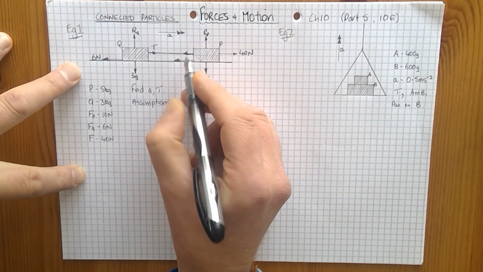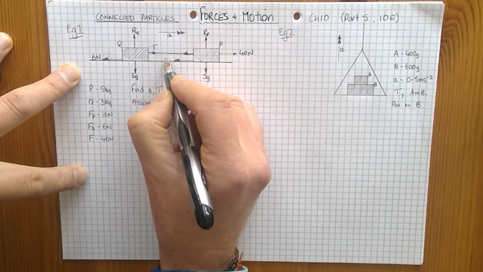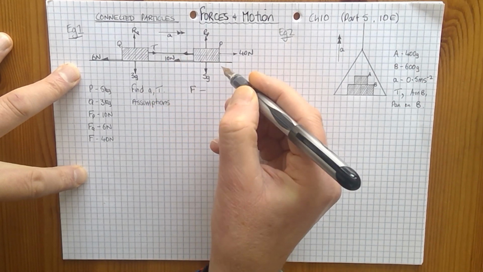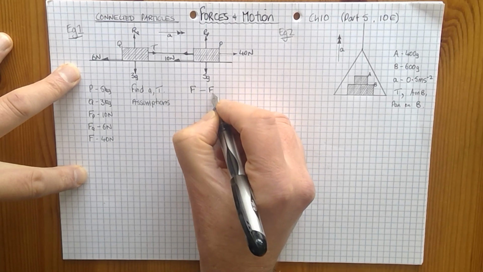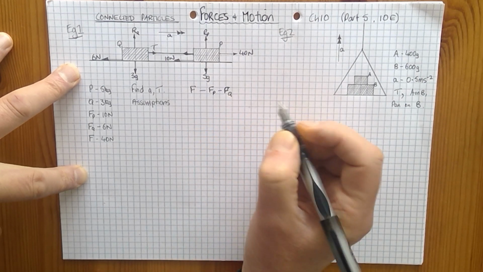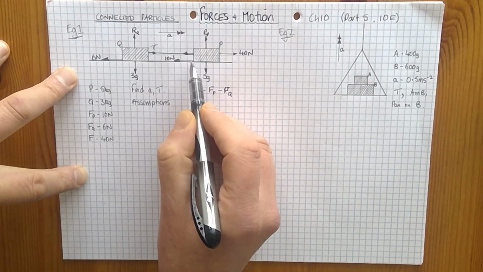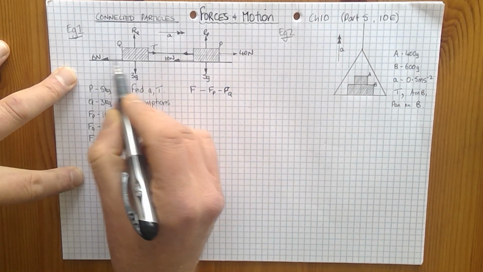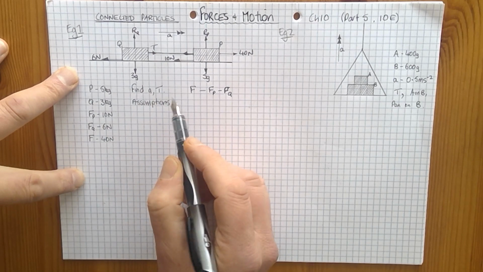Take away, I've missed out one of my frictions here, F of P is 10 newtons. So we've got the friction on P and the friction on Q. Take away this pulling to the left, take away this pulling to the left. Those are the only forces I have acting on this whole system.